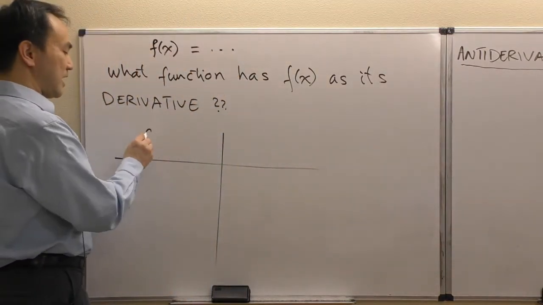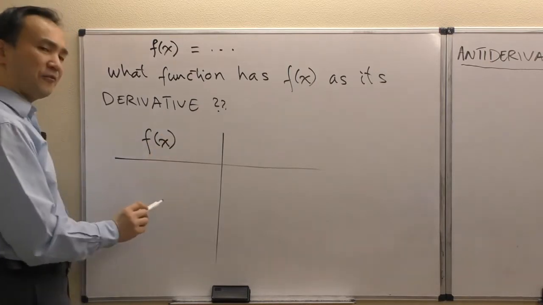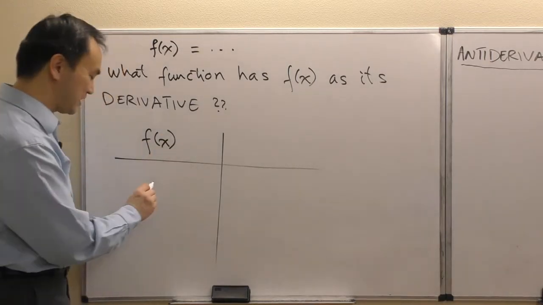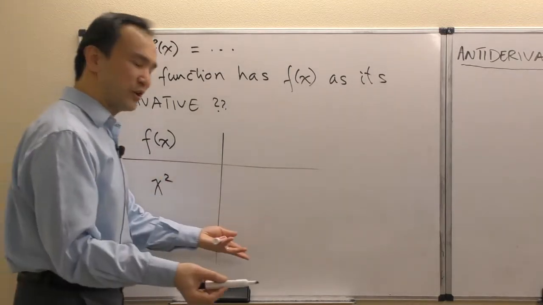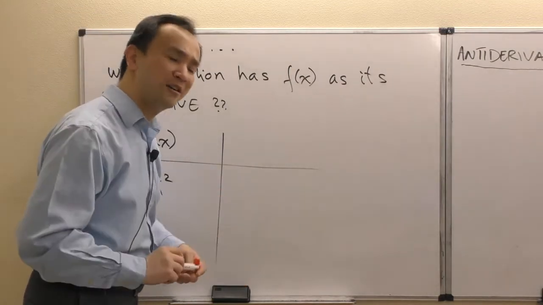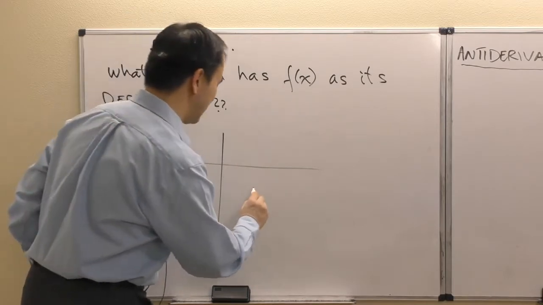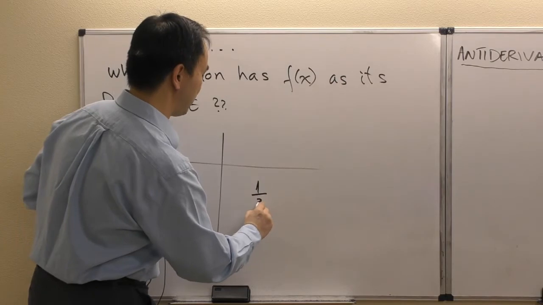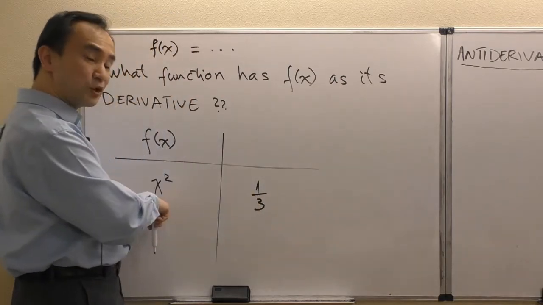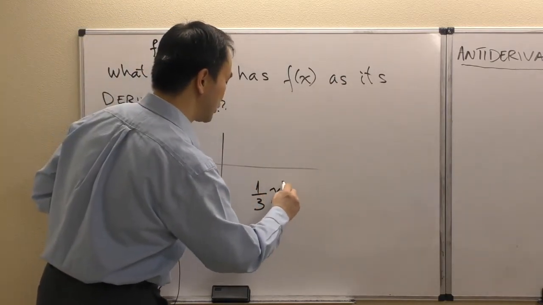But let's say the first try I started out with was the x squared function. And the answer we found there, as a recall, or feel free to roll back on the video to remind yourself, is that the function that we claim has x squared as its derivative is 1/3 x cubed.